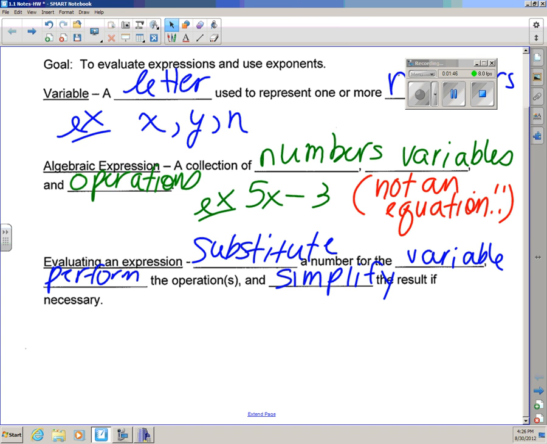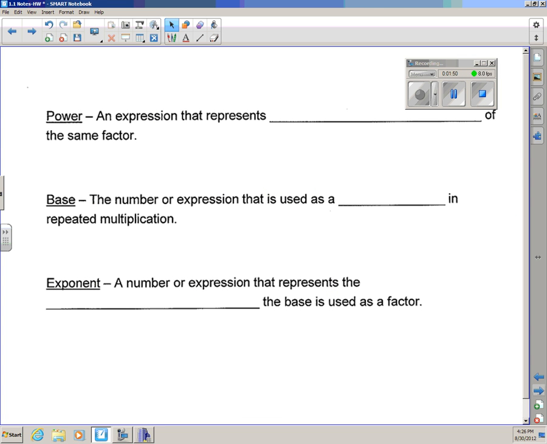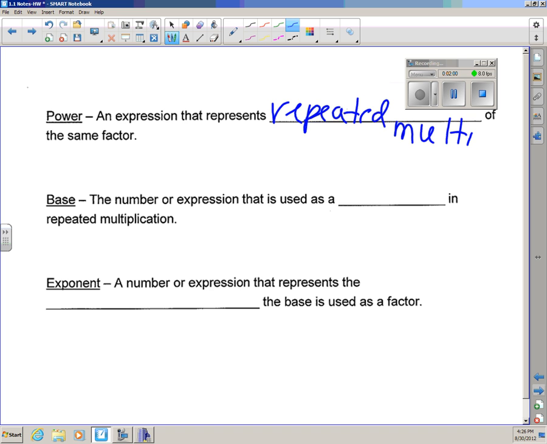Okay. Then we get into stuff with powers and exponents. So a power is an expression that represents repeated multiplication of the same factor. The base is the number or the expression that's used as a factor.